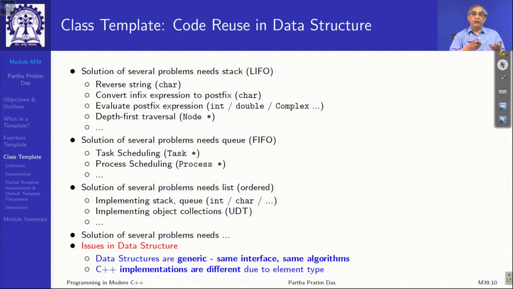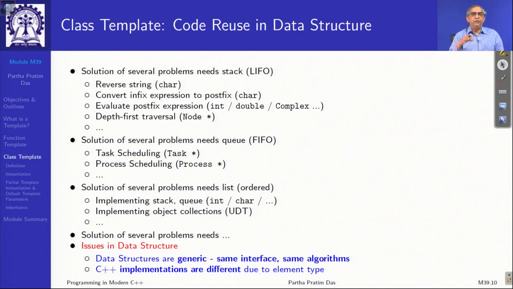For depth first traversal, we need FIFO or queue for several different task scheduling problems, process scheduling problems and so on. We need a list for implementation of several data structures and even for several normal data maintenance activities.